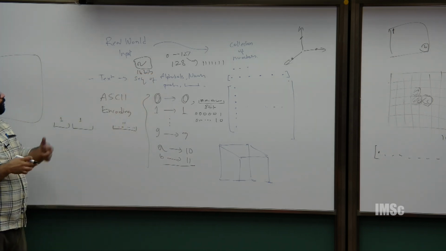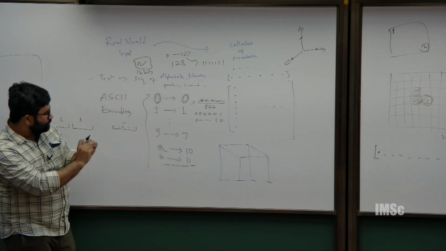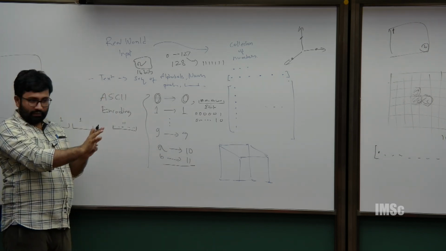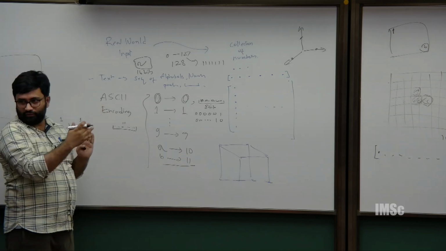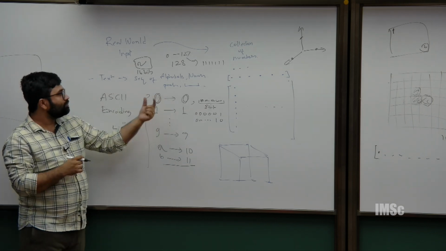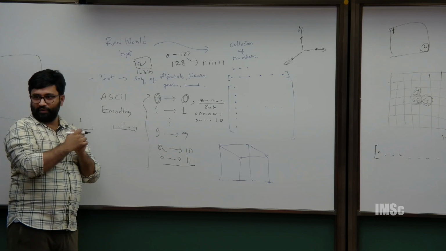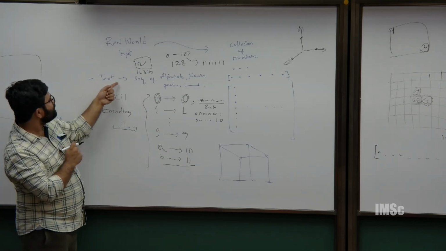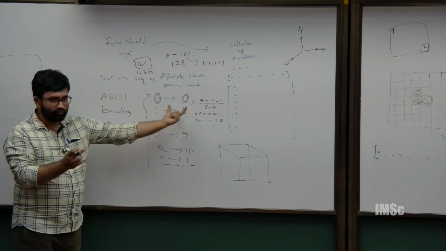So there is an encoding of text, or rather alphabets, based on their frequencies in a given text, right? Which will use overall fewer bits as compared to this. So the number of bits used by this would be 8 times the length of the text in alphabets, right? If there are 10,000 alphabets in a text, then it would be 80,000 bits.